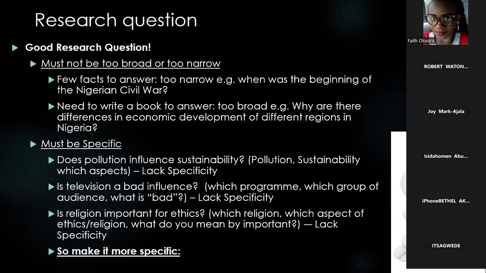What is the influence of industrial air pollution emissions on children's health in, you have to give it a particular place. Okay, let me say in Trans Amadi, for instance. How does industrial emission from Trans Amadi industrial estate influence children's health in nearby communities or neighborhoods?